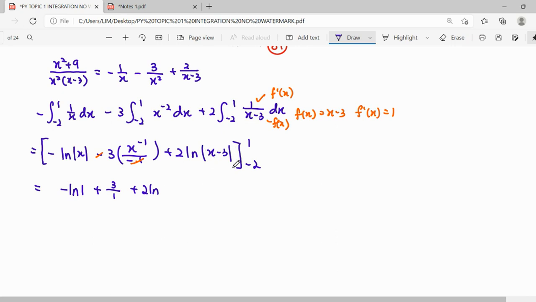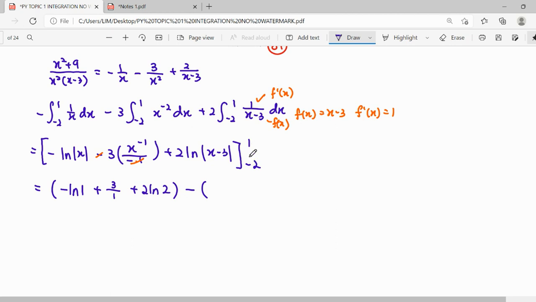When we put modulus here, we want to make sure our function is defined. If we don't put modulus in the ln function here, then 1 minus 3 will be negative 2, and it will be undefined. Ln cannot take a negative value. So that's why you can see 1 minus 3 is negative 2, but after modulus it is 2. Okay, so this is our upper limit minus our lower limit.